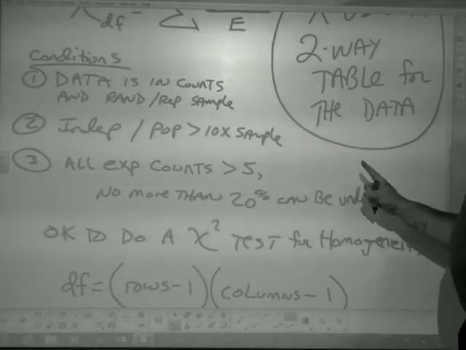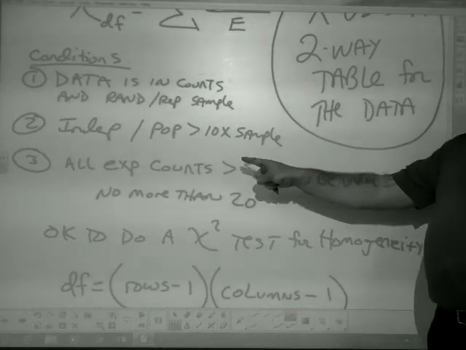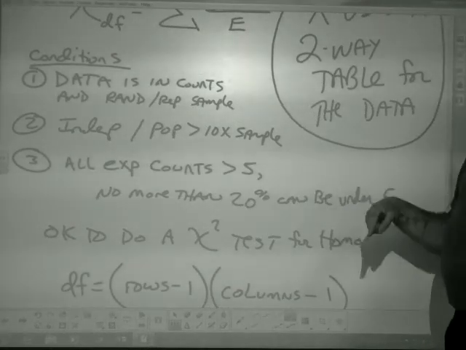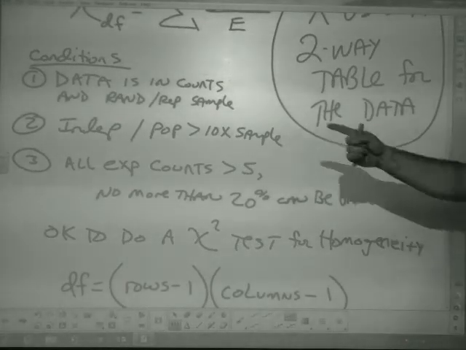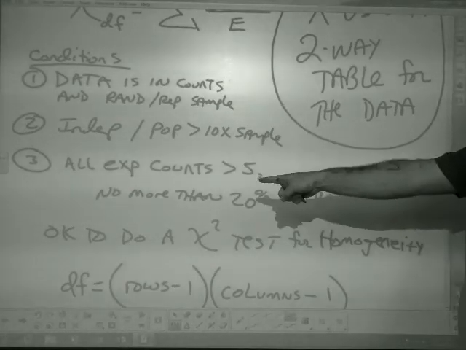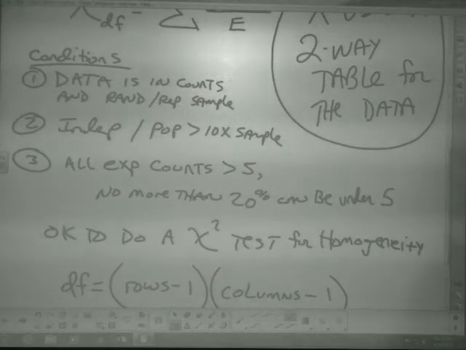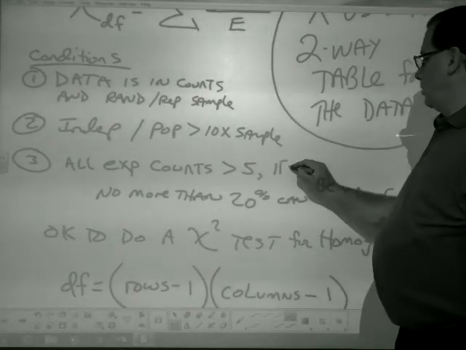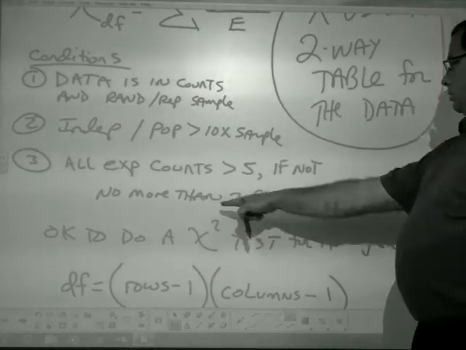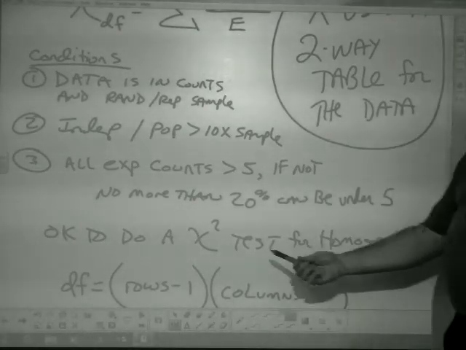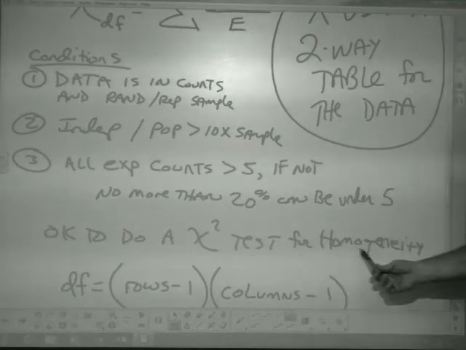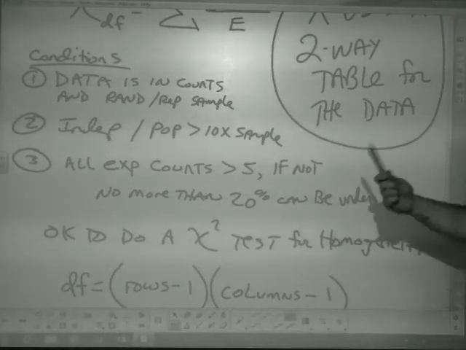If one of the boxes is not greater than 5, I'm okay, because 1 out of 6 is not over 20%. So all expected counts greater than 5. If not, no more than 20% can be under 5. If I meet my conditions, I say it's okay to do a chi-squared test for homogeneity, where yesterday we did goodness of fit.